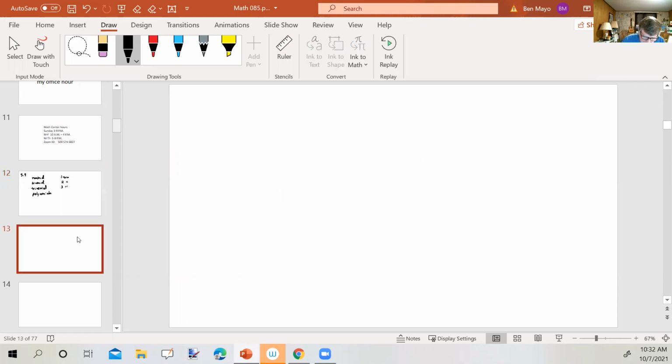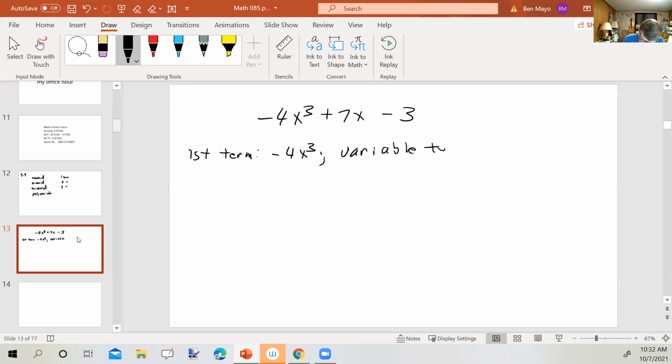Okay, let's say we have the following: negative 4x cubed plus 7x minus 3. This is a trinomial because it has 3 terms. The first term is negative 4x cubed. It is a variable term, and its coefficient is negative 4.